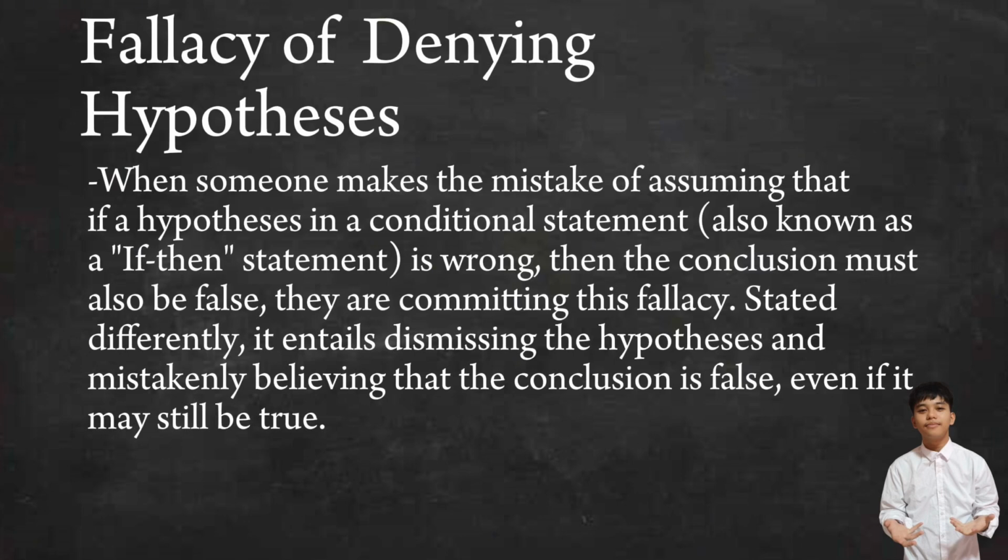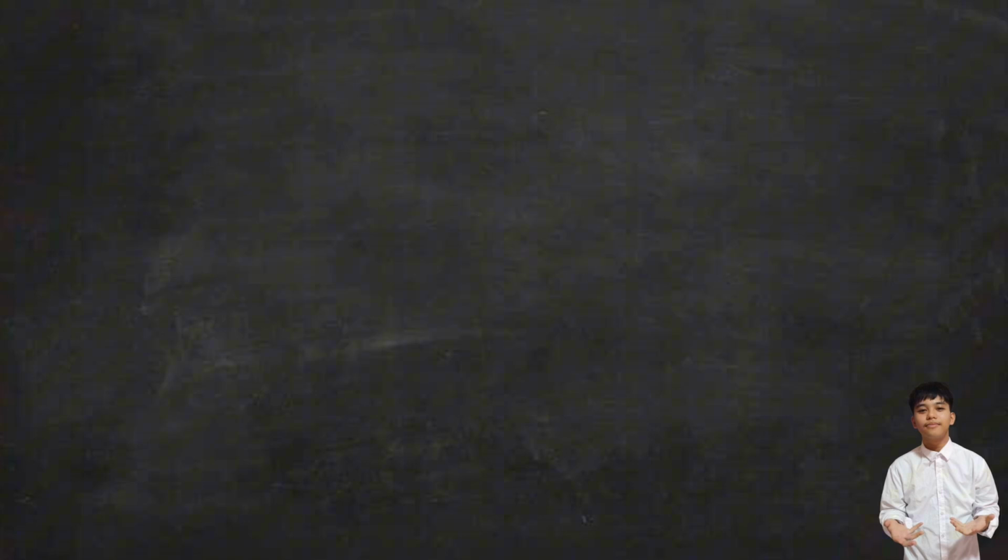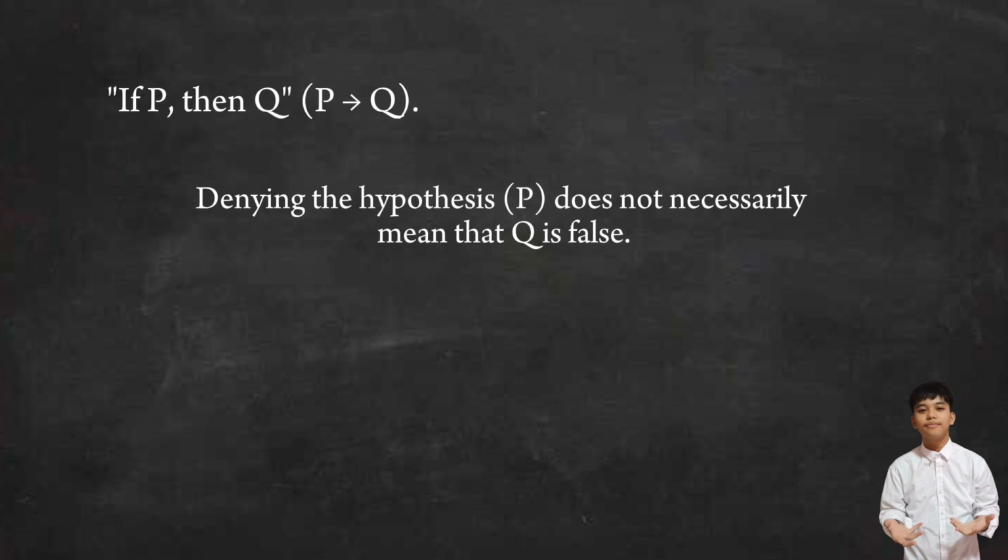Stated differently, it entails dismissing the hypothesis and mistakenly believing that the conclusion is false, even if it may still be true. So, a conditional statement in logic is often expressed as if P, then Q. Denying the hypothesis of P does not necessarily mean that Q is false.